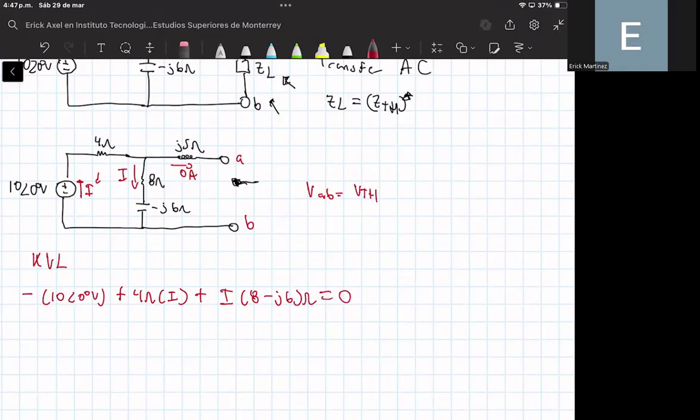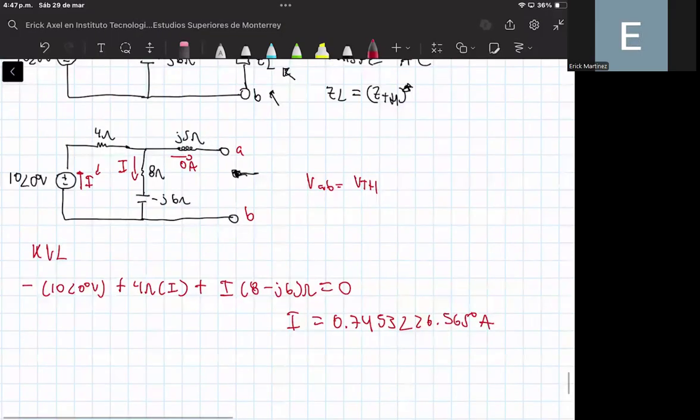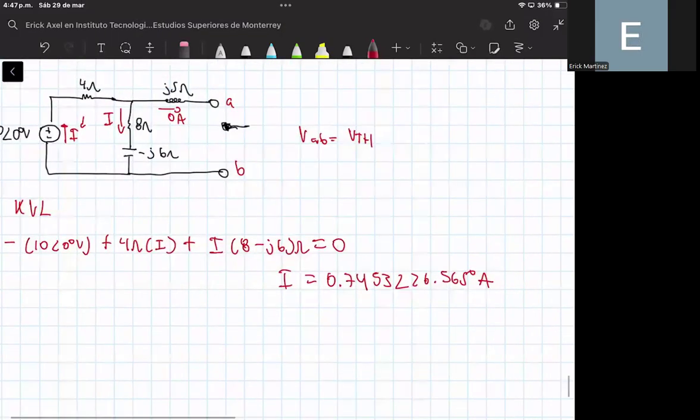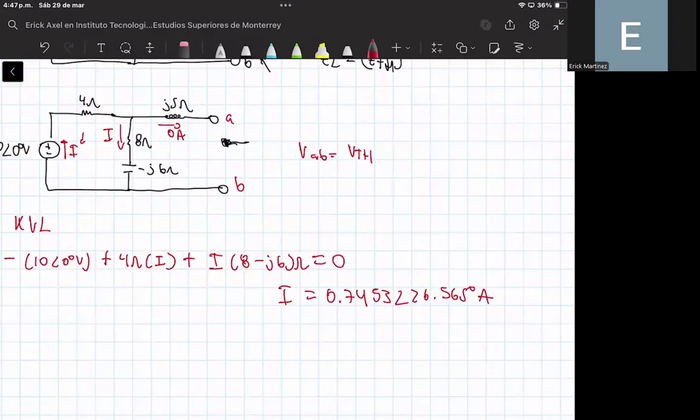And if you input this into your calculator, you will have I equal to 0.7453 with an angle of 26.565 degrees amperes. And you can see that the voltage drop between terminals A and B is equal to the voltage drop of these two elements.